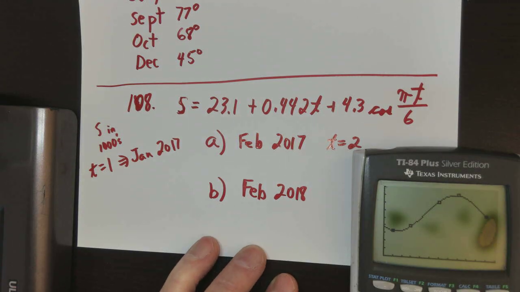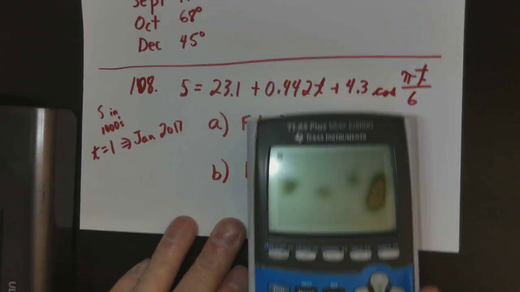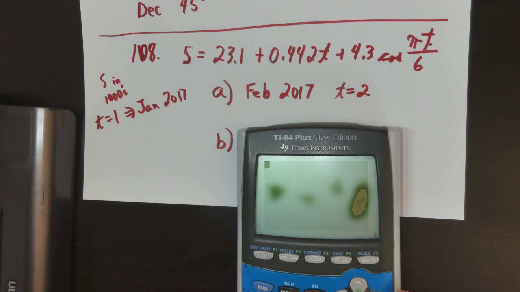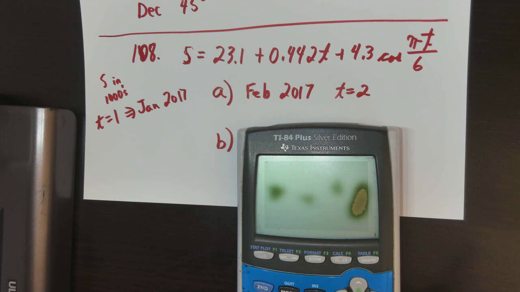I'm going to put this equation in. And it would be in radians. Whenever you see pi, I think there's a real good chance we're not going to be wanting degrees. So I got 23.1 plus 0.442x.